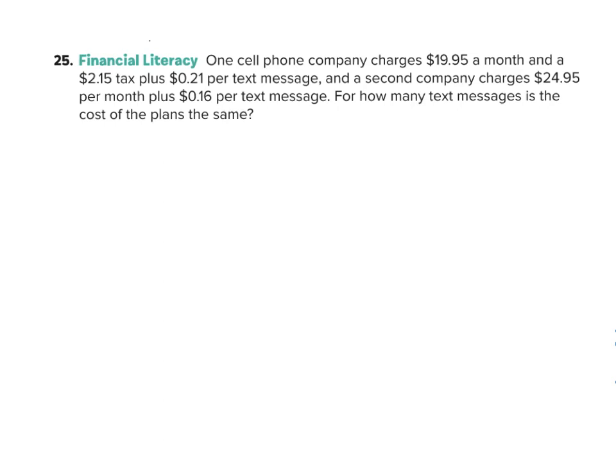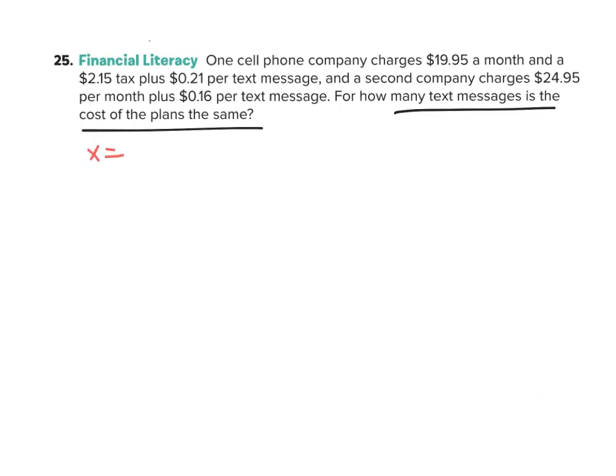A second company charges $24.95 per month plus 16 cents per text message. How many text messages is the cost of the plans the same? So for how many text messages is the cost of the plans the same?